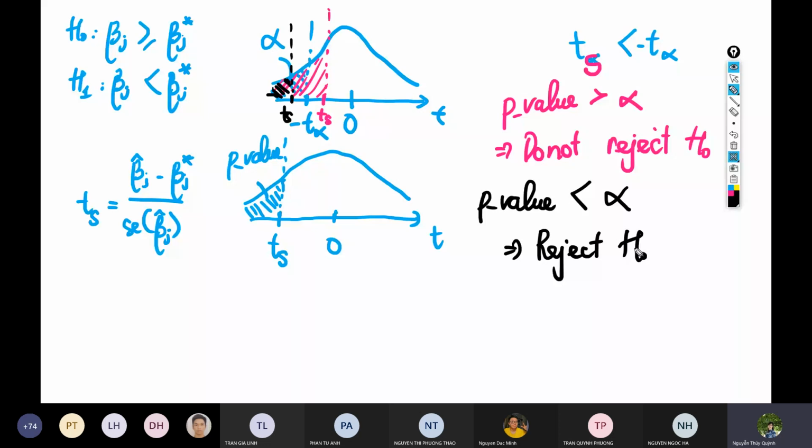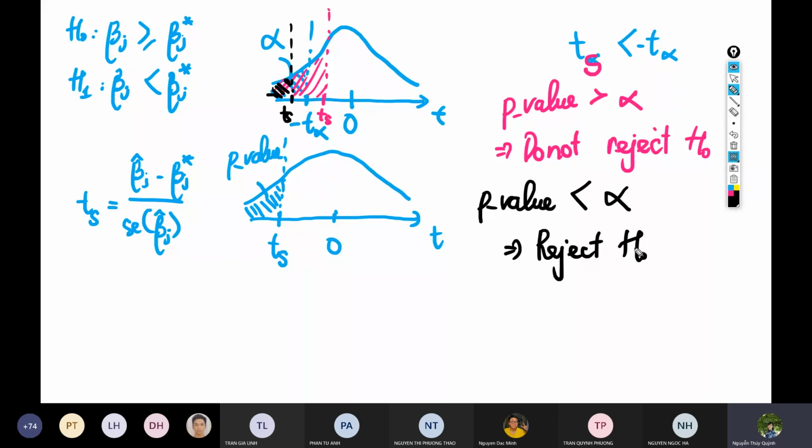But there's only one rule: if the p-value is less than alpha, then we reject H0. You will apply the same rule for many other tests that can use the p-value approach.